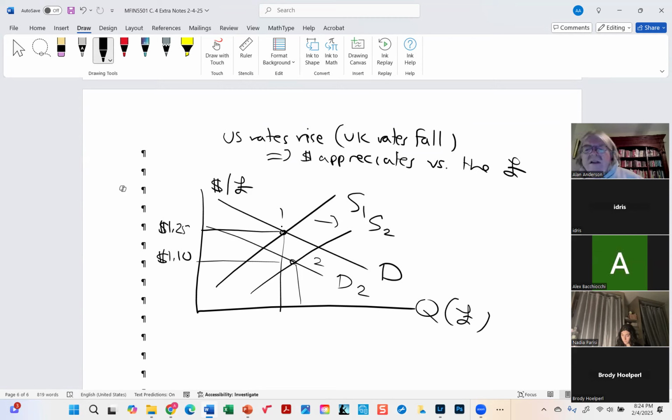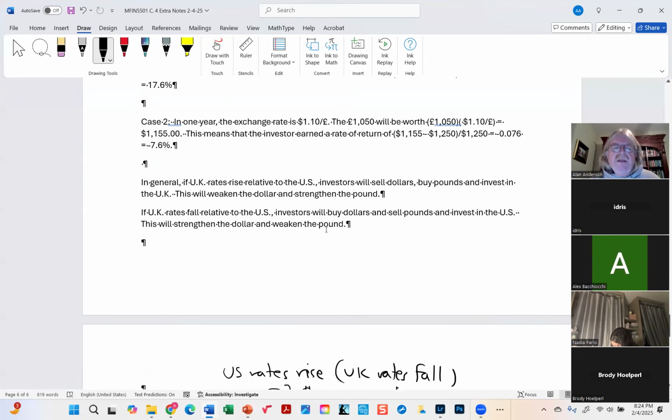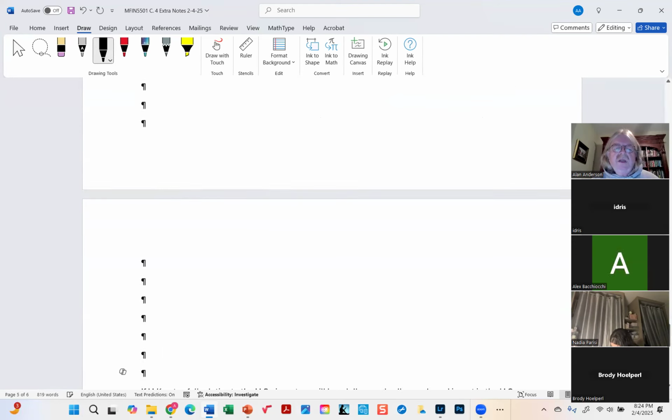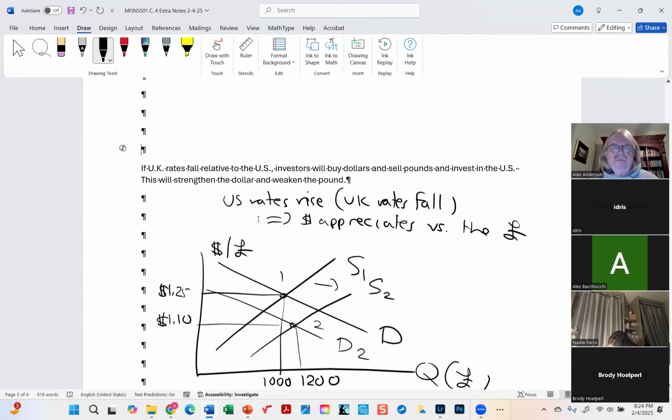The quantities aren't really that important. We're really focused on the prices, but all that really matters is that this amount goes up, let's say from 1,000 to 1,200. That would be the second case. Now, for the first case, everything would just work in reverse.